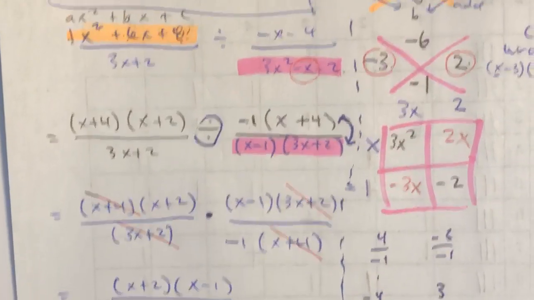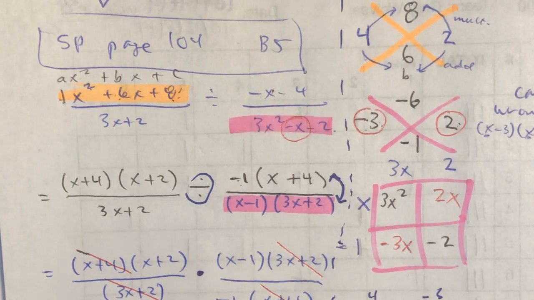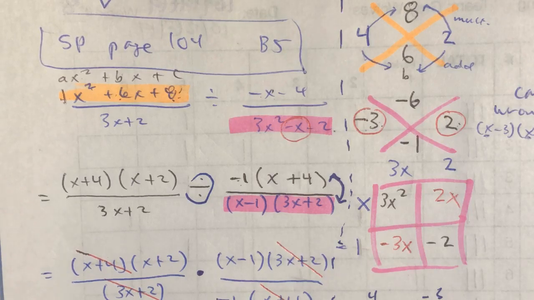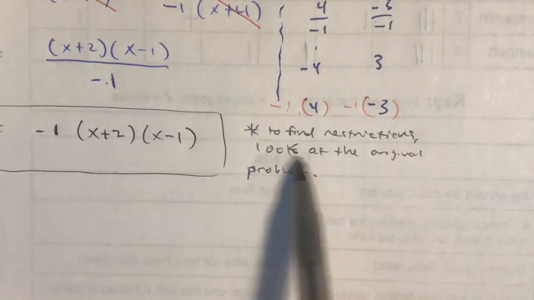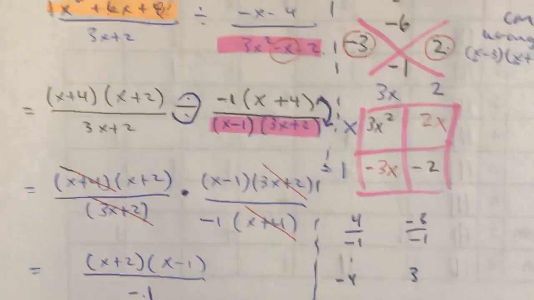If you just joined us, we're on page 104 in your Skills Practice Packet, question B5. And I basically did all this work. And now we need to find the restrictions. So we have to look at the original problem.